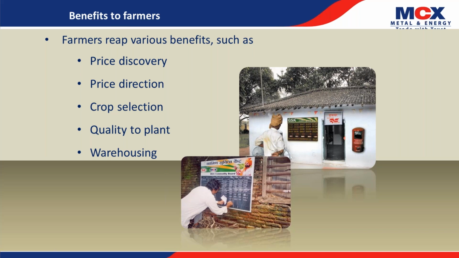He can now decide on crop selection. If the price is not suitable to him, then he might decide to plant a different crop. And if he chooses to plant a particular crop, he now looks at the quality specified in the contract specification of the contract and plants a quality that is acceptable for delivery on an exchange platform.